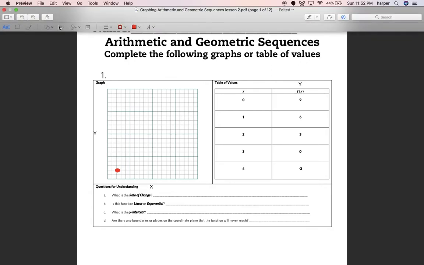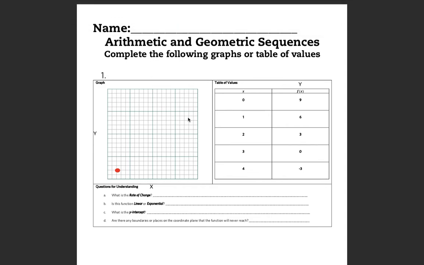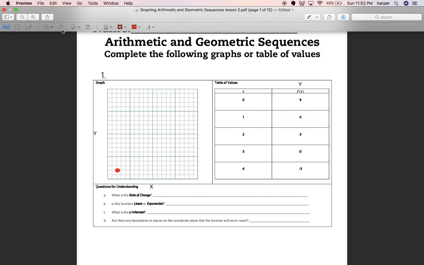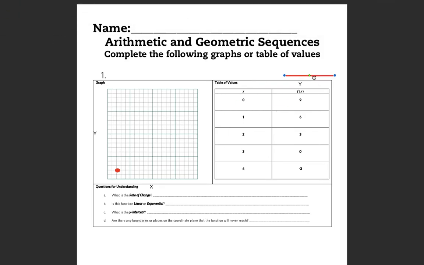So y is always in regards to x. X is always the most important thing. If you don't know x, then you don't really have a function, you don't really have a purpose. You can't really graph it. So this is me connecting them. So y always stands for a function of x.